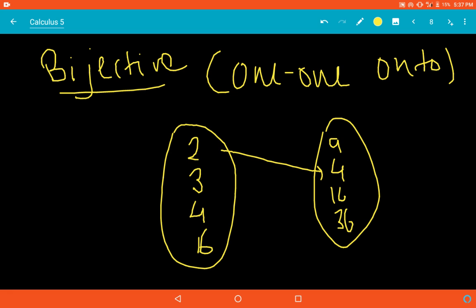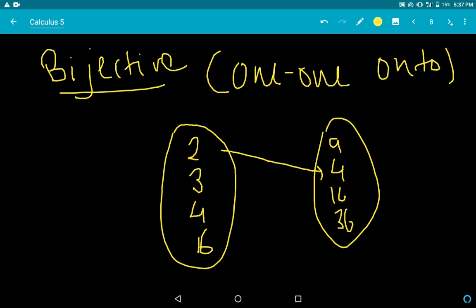Yes, 2 gets mapped to 4, 3 gets mapped to 9, 4 gets mapped to 16, and 6 gets mapped to 36. As you can see, it is only one to one and all things are mapped here.